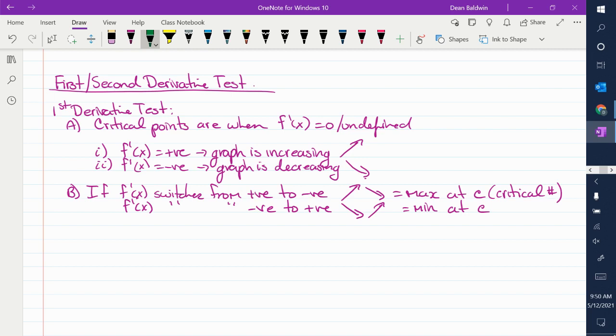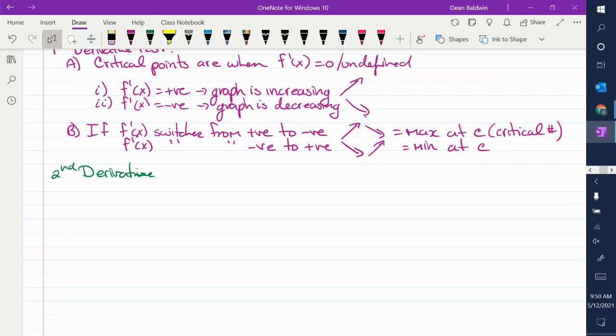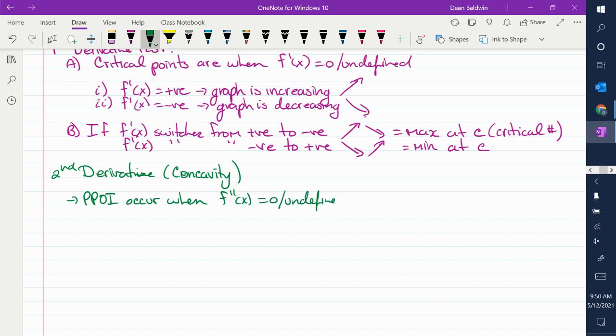Second derivative, do it in green. Talks about concavity. The PPOIs, the possible points of inflection, occur when f double prime of x equals 0 or undefined.